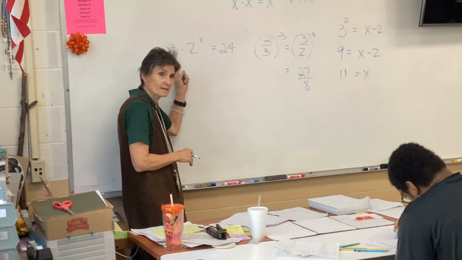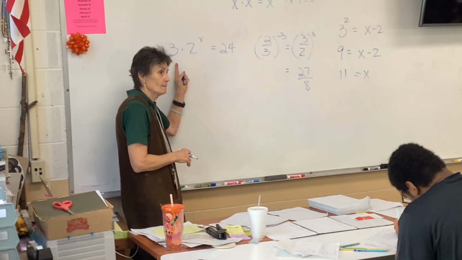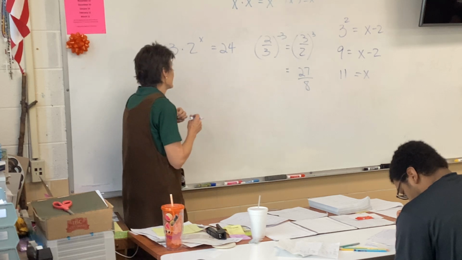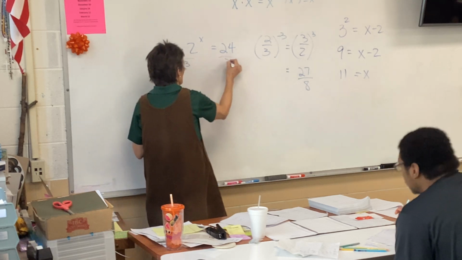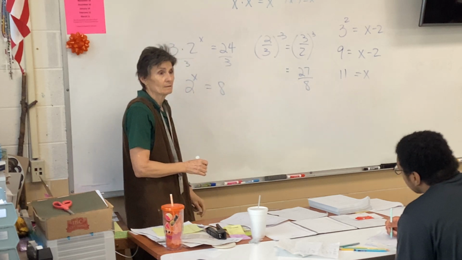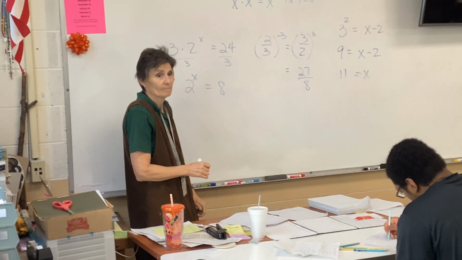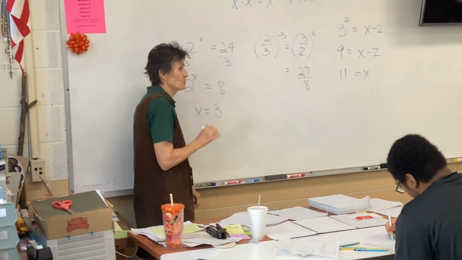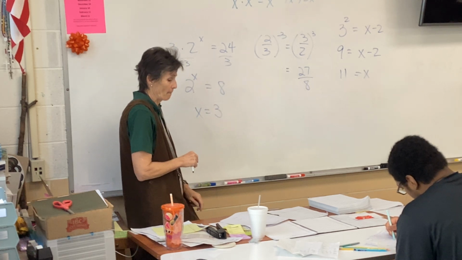Always, always, always gotta divide that guy out. We did it with all of our word problems we had a little bit ago. So we're gonna divide both sides by 3. So 2 to some power is 8. X is 3. 2 times 2 times 2.